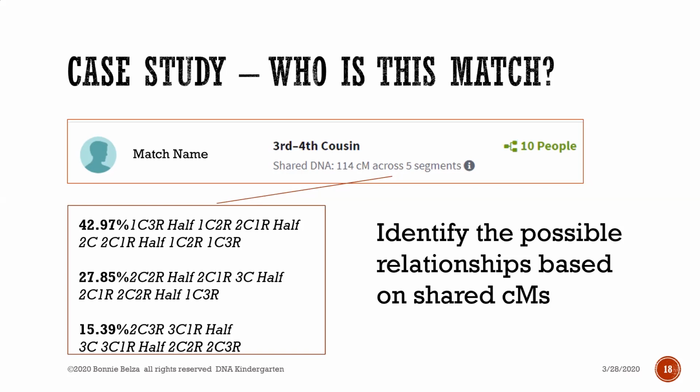There's a lesser probability, 27 or 28%, that he's a second cousin 2 times removed, and an even smaller possibility, 15.39%, that he's one of these other relationships.